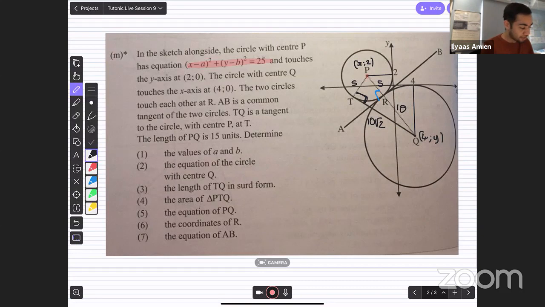So what do you get? What's your x value going to be? Naught, because that's the y-intercept, minus A. Naught minus A is just minus A, but minus A squared is just A squared. A squared plus y minus B, and y is?